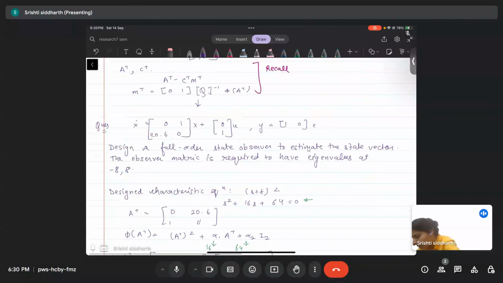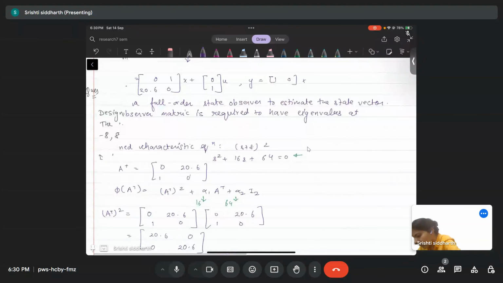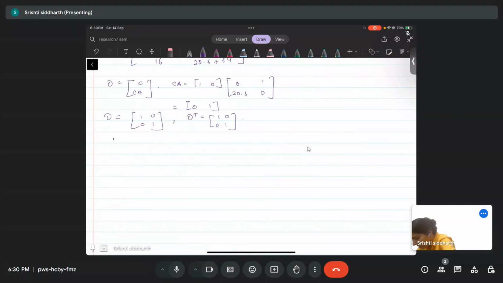According to the formula, we needed to compute U inverse. U inverse is C transpose, A transpose C transpose, inverse, and this is simply identity. Let's plug this into Ackermann's formula.